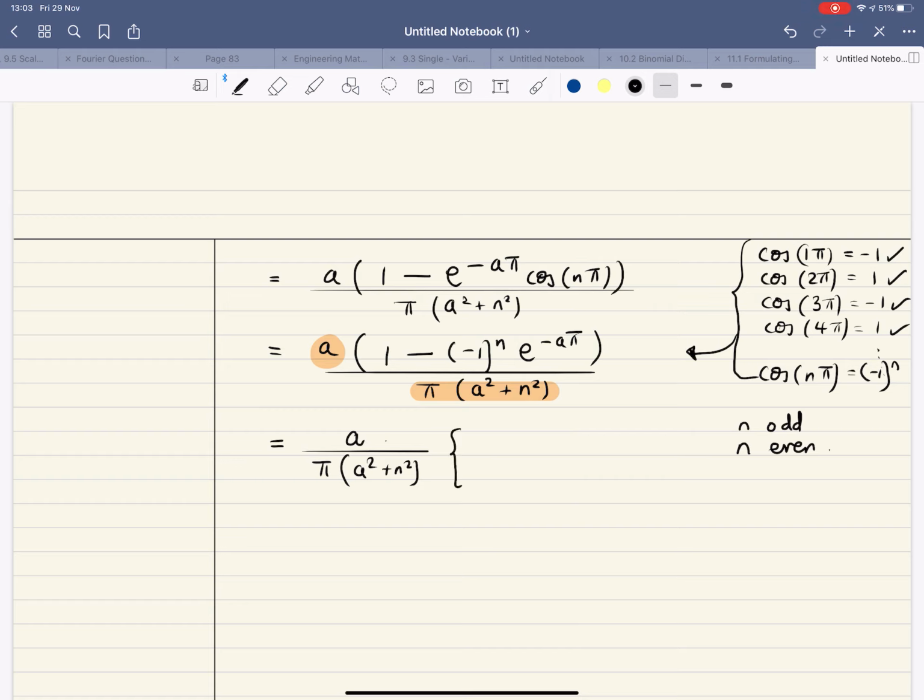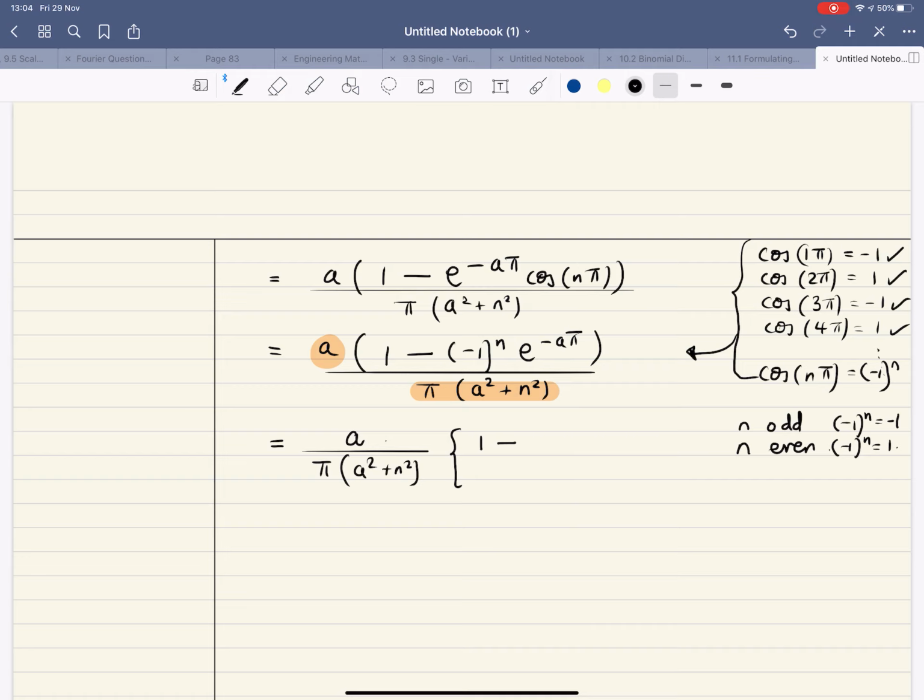And then in here, for n odd, minus 1 to the n is minus 1. Minus 1 to the n if n is even is plus 1. So you separate them out into 1 minus minus 1 to the n e to the minus a pi. We'll do n even first and then n odd.